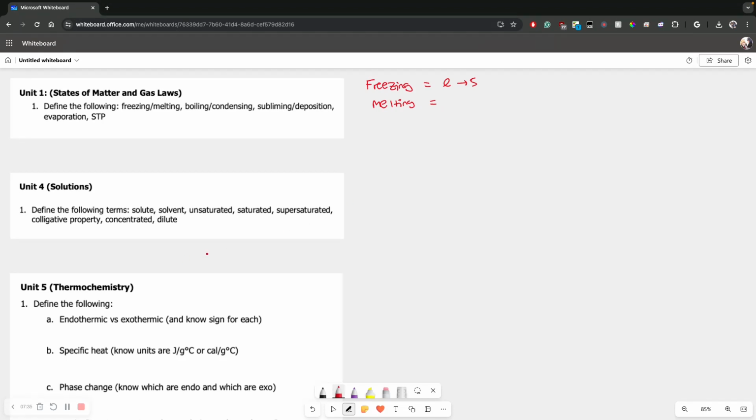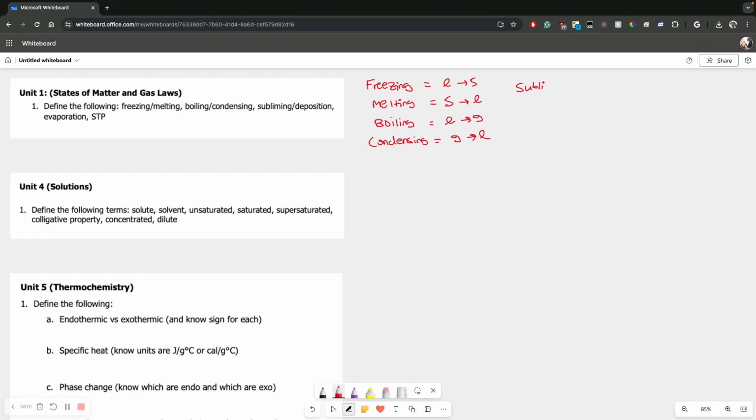We're going to talk about endothermic and exothermic, so I'm not going to mention that too much right now. So melting, we're going to go from solid to liquid. Boiling, we're going to go from liquid to gas. Condensing, we're going to go backwards. Condensing, we're going to go from gas to liquid.